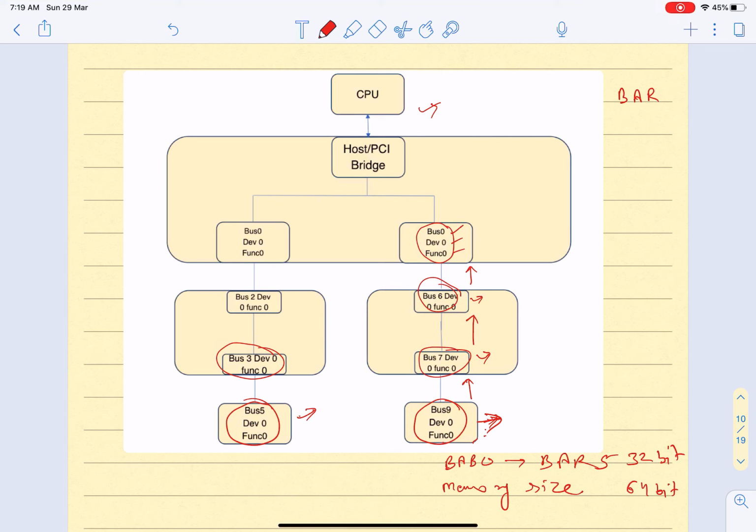Once these memory BAR registers are configured, then the host will configure the bridge for base and limit, and similarly for IO, if the device has IO, then it will configure IO also. Once it is done, then it will configure the upper memory.